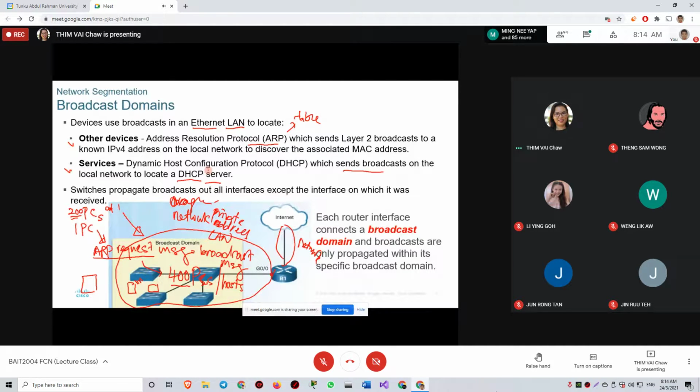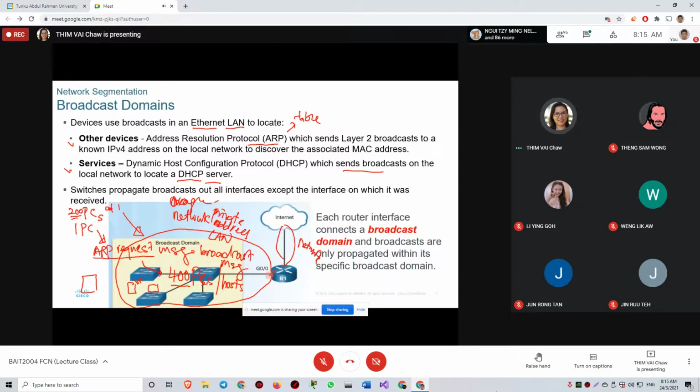Over here, each router interface connects a broadcast domain, and broadcasts stay only within their specific broadcast domain.